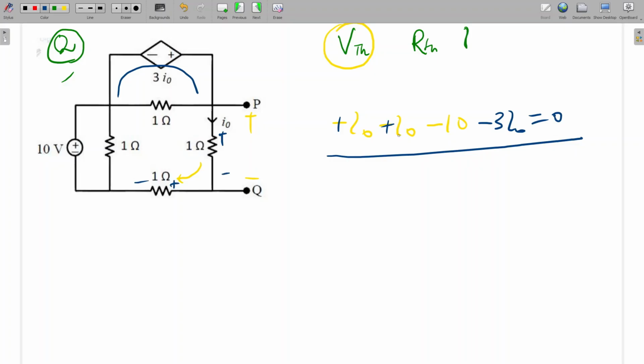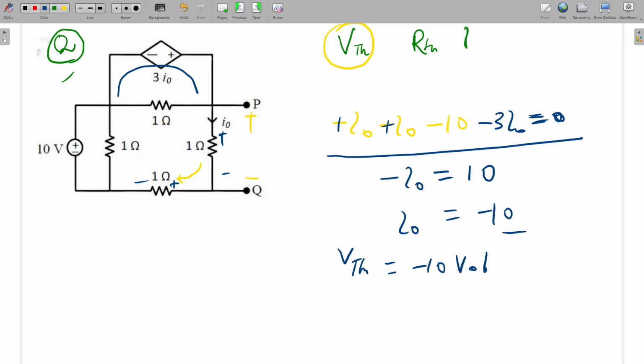So I naught plus I naught minus 10 minus 3 I naught should be equal to 0. From here we can calculate: 2 I naught minus 3 I naught, so it will be minus I naught equal to 10, and I naught will be equal to minus 10. So what will be the VTH? VTH will be I naught into 1, so VTH will be minus 10 volt. Is it clear?